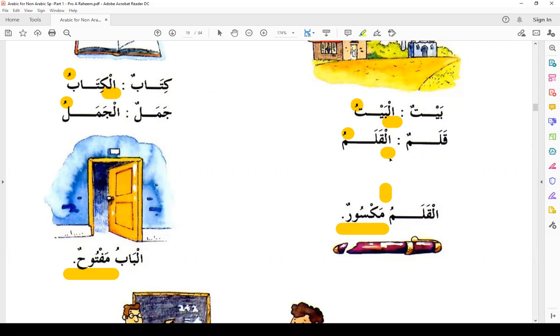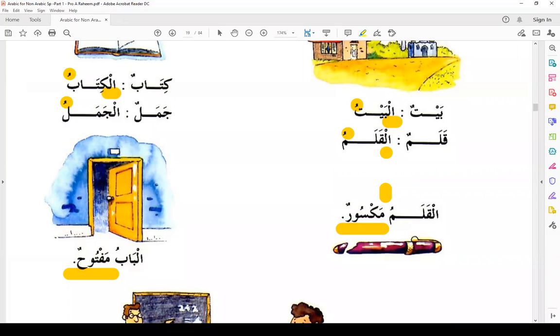When al, which means the in Arabic, is applied to the noun, the tanween drops out. And this is a law we should remember. Al, which is a definite article, meaning the, and tanween will never coexist in the same word.